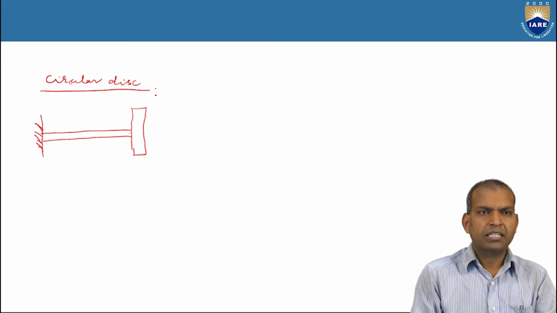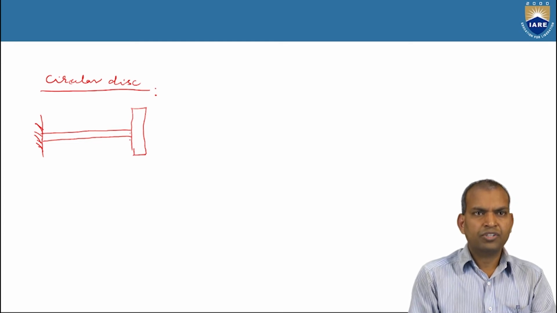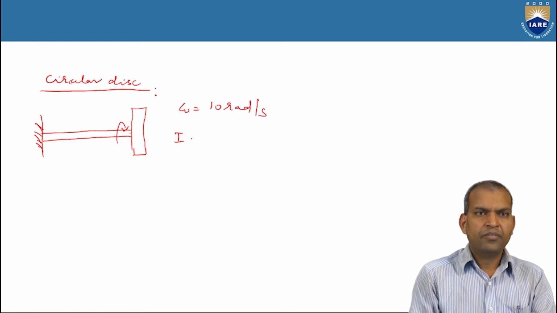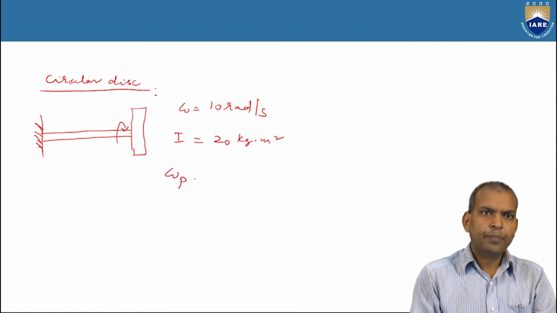It is having a certain angular velocity, omega equal to 10 radians per second. The mass moment of inertia I equal to 20 kg meter square, and omega P is also given.